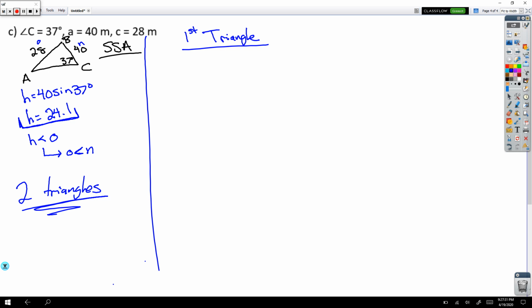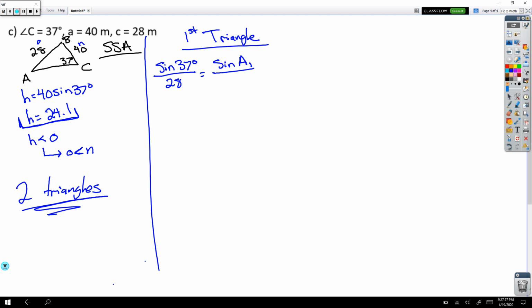So I know the C's, right? So that's my given ratio. So sine of 37 all over 28. And I know side A, so I'm going to find angle A for the first triangle first. So sine, and I'm going to say A sub 1, okay, for angle A for the first triangle.